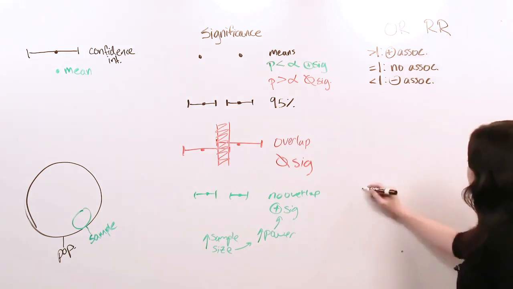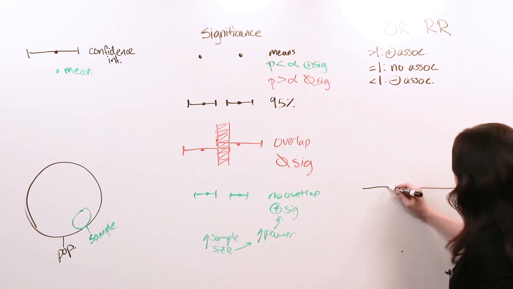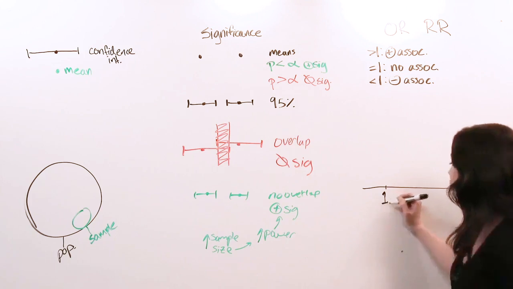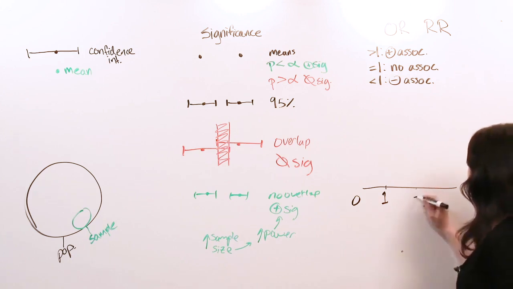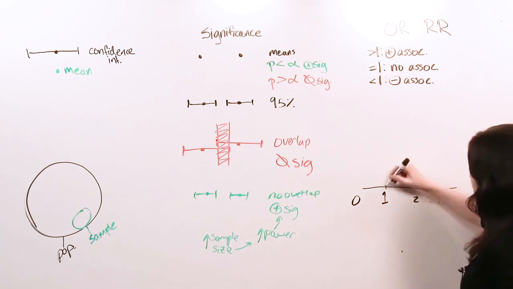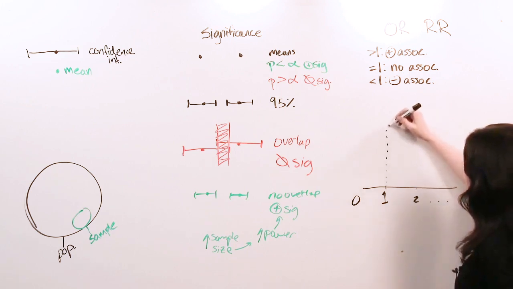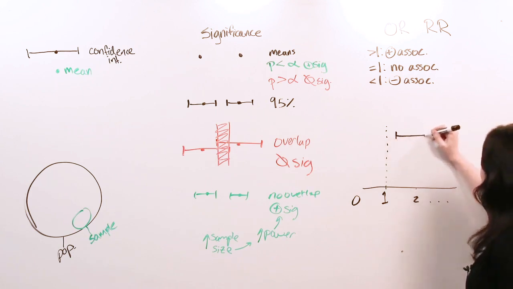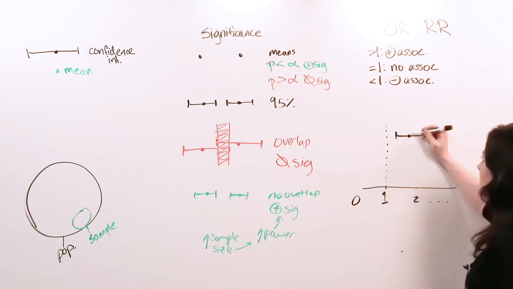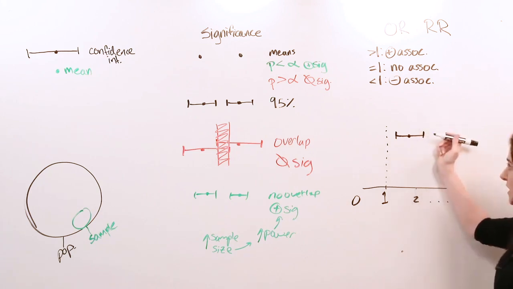All right, and so for this, what you want to remember is that you do not want your confidence interval to cross 1. So if this is 1 here, this is 0, this is 2, and on and on. Here's the line that we do not want the confidence interval to cross. So if you have a confidence interval that is greater than 1 and it doesn't include 1 at all, then you're in good shape.